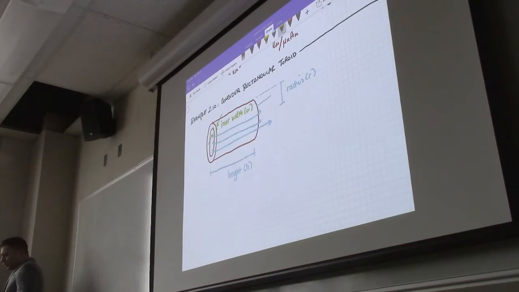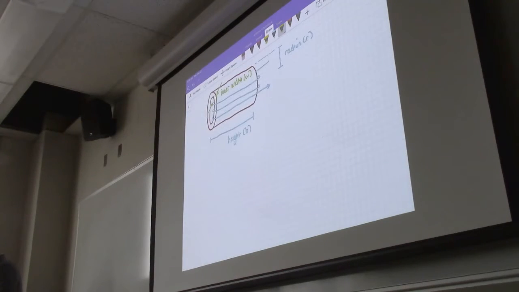All right, so it asks us to calculate the coil inductance assuming linear operation. And what do we know?